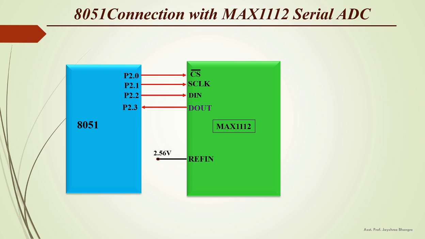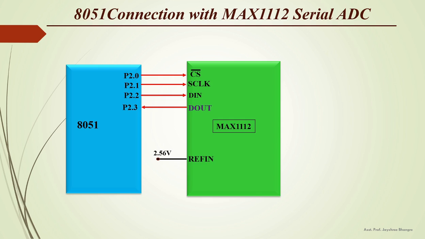So here is the reference in pin. This pin is connected to 2.56 volt. If we leave this pin open, at that time we get the full scale voltage of 4.096 volt, and the step size will be 16 millivolt.